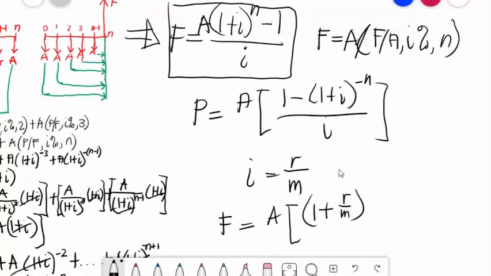raised to n, where n is equal to the compounding period multiplied by the number of years, so mt, minus 1) divided by i, which is r over m.